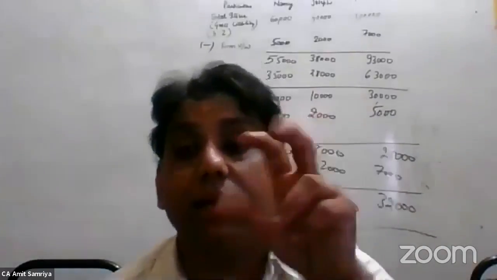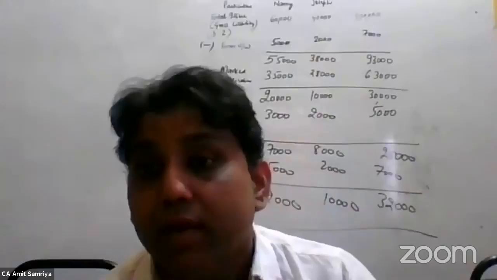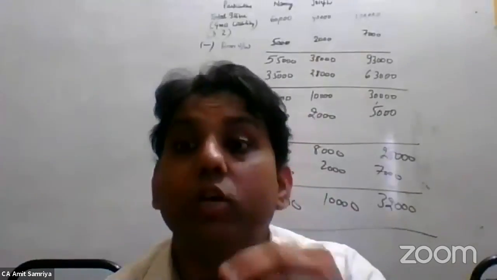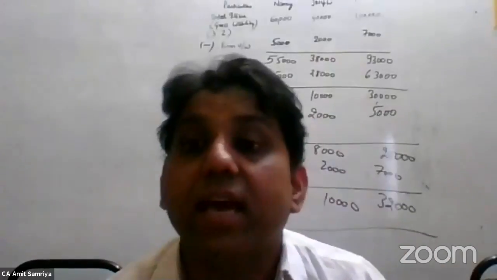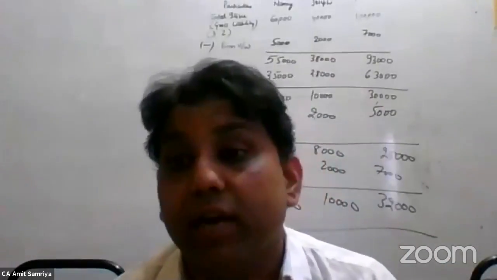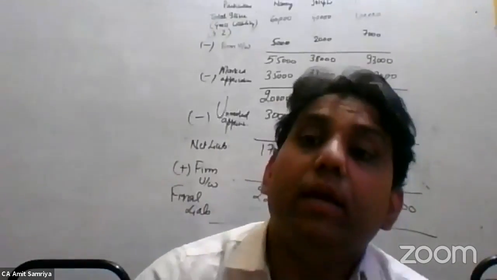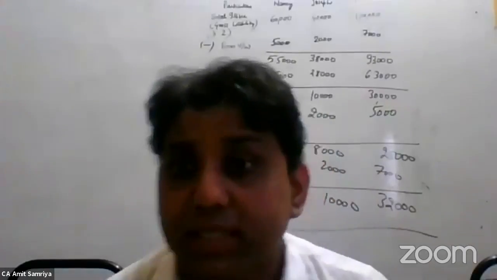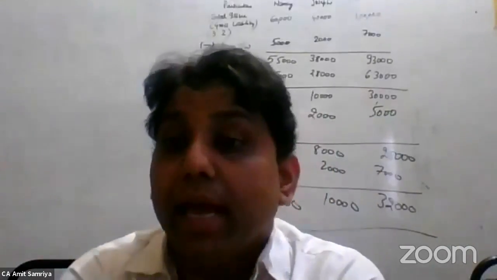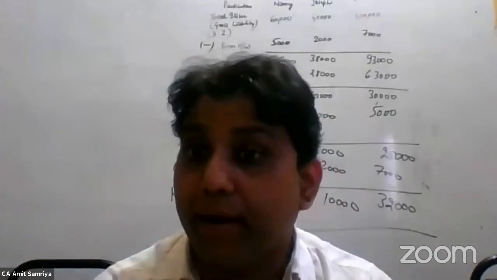Say after 31st March and up to 15th May, there is loss by fire, bad debts, any loss arises, then it should be disclosed or adjusted. If it is an adjusting event, it should be adjusted this year, even if it is related to next year. And if it is a non-adjusting event, then it should be disclosed this year and adjusted next year. AS4 is contingencies and events occurring after balance sheet date. AS5 is all about preparation of profit or loss account, how profit and loss account is prepared.